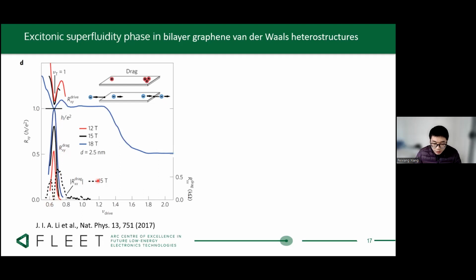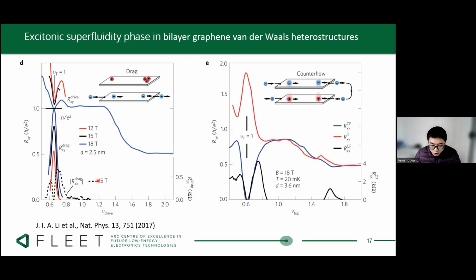The exciton superfluidity phase is further confirmed by the counterflow measurement, where zero resistance, or zero RXX, is recorded when a superfluid phase is formed.